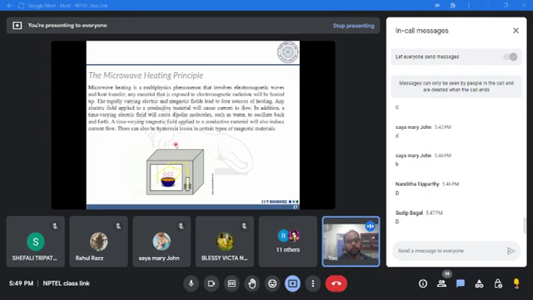Your food product contains water, which will rapidly oscillate, then transfer to the cold molecules, and very quickly all of the food will be heated.